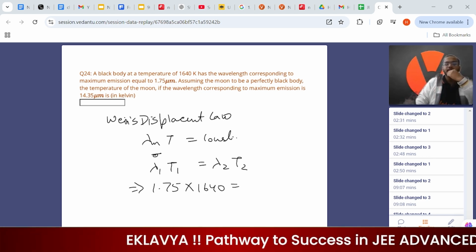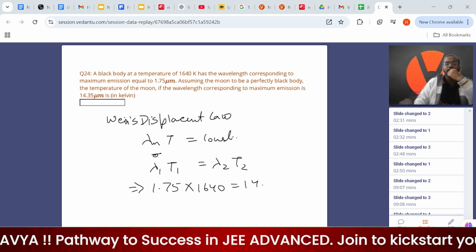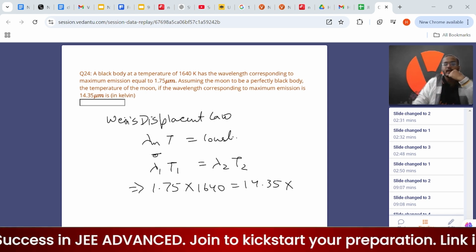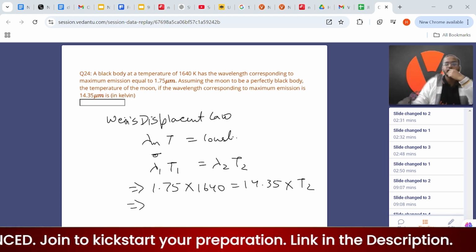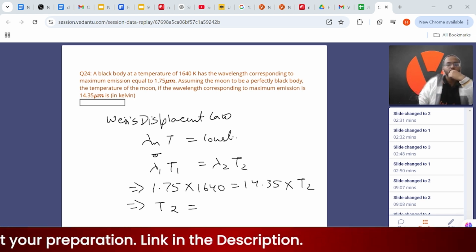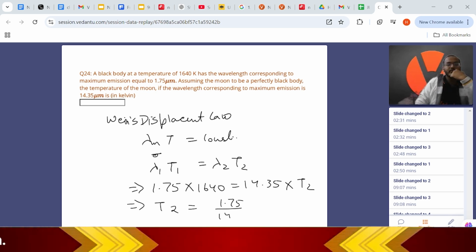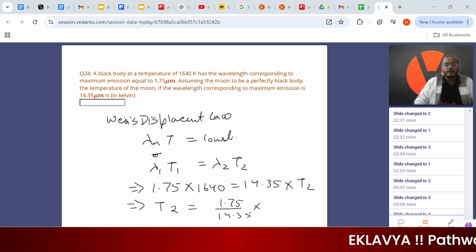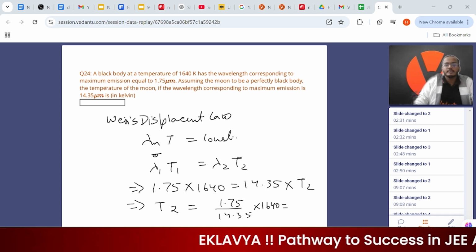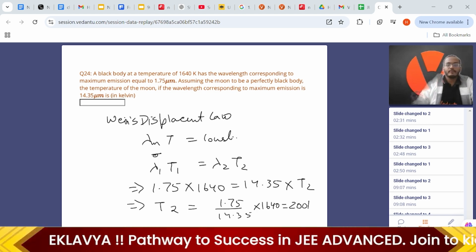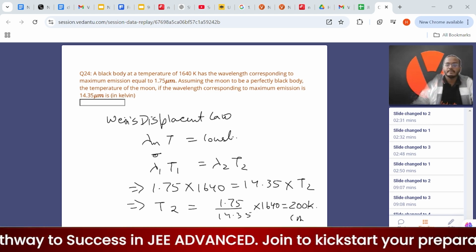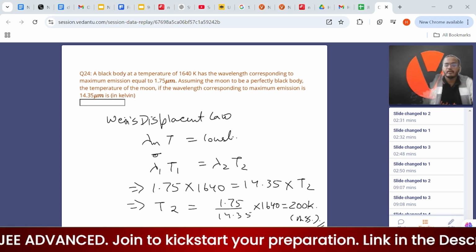My temperature is 1640. It will be equal to 14.35 into temperature T2, which is something we need to calculate. After performing the necessary calculation, it will be 1.75 divided by 14.35 into 1640, and the answer will come to 200 kelvins. This will be your answer.